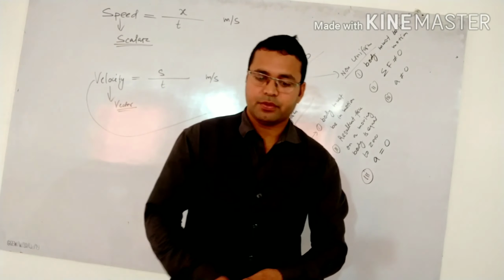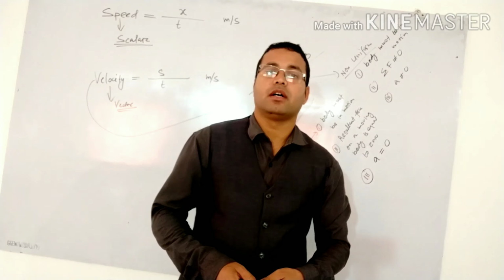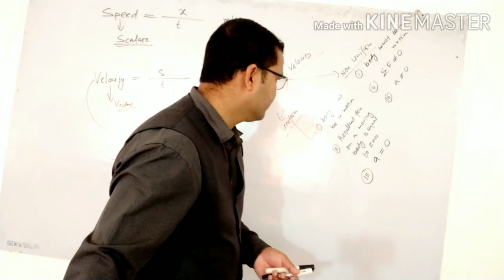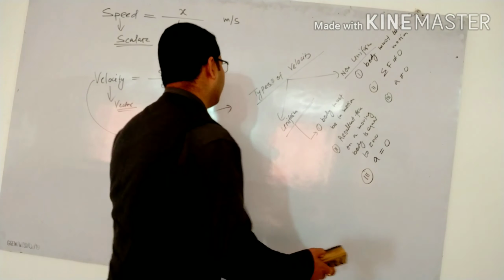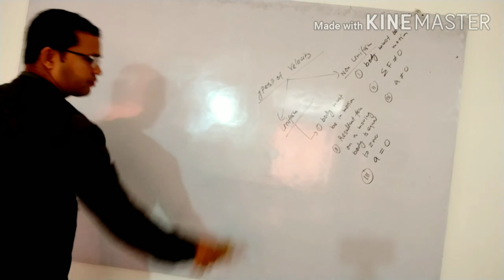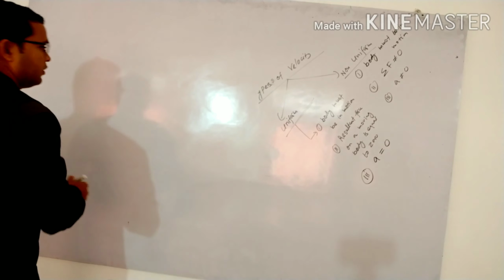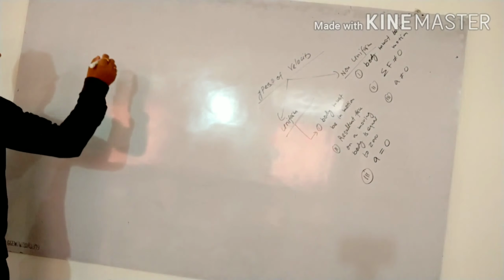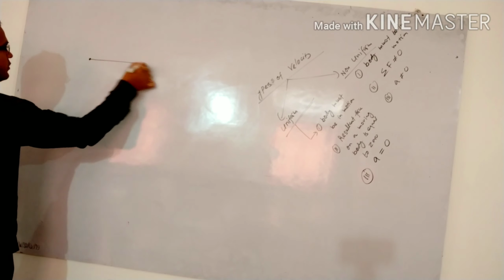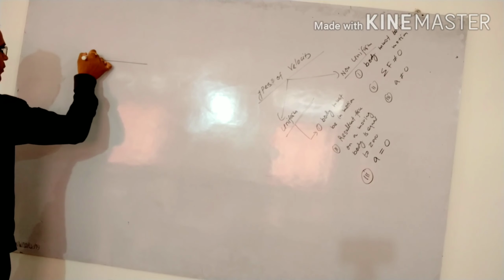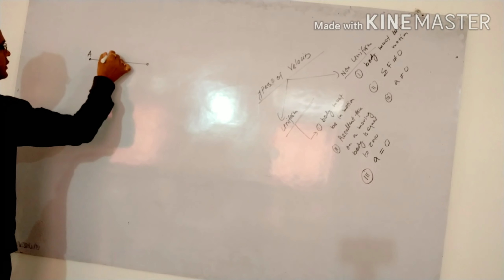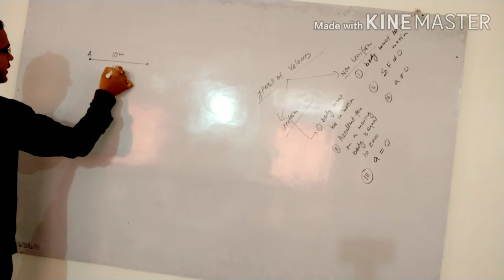So now we have to see uniform velocity mathematically. Suppose a body starts moving from here and covers 10 meter distance in 1 second.